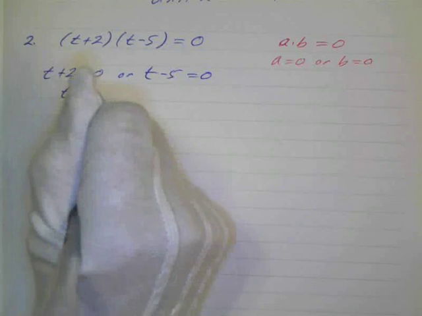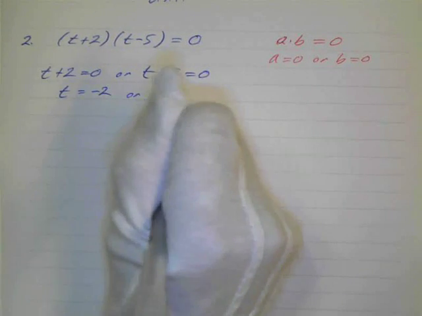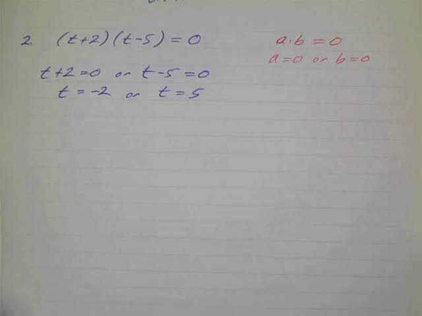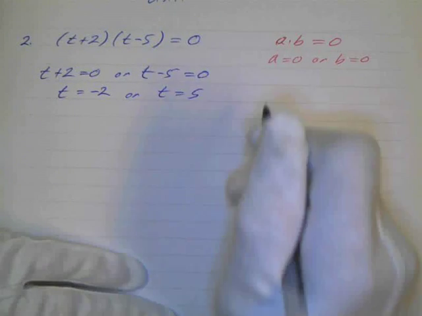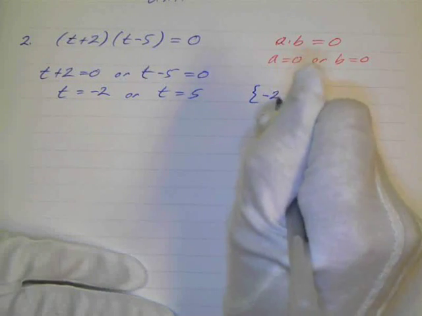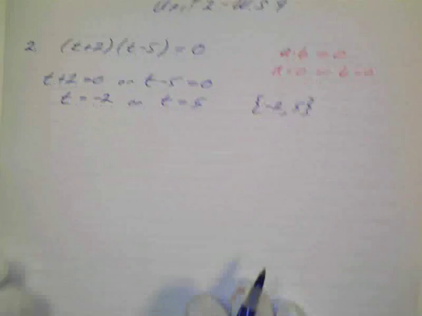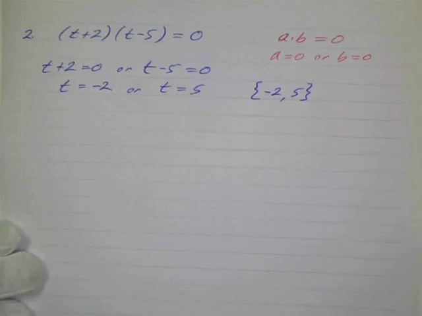So t would equal negative 2, or we could add 5 to both sides, and t would equal 5. So we have two solutions, and sometimes we write it in a solution set, and that would be negative 2 and 5. Those would be the values of t that would satisfy that.